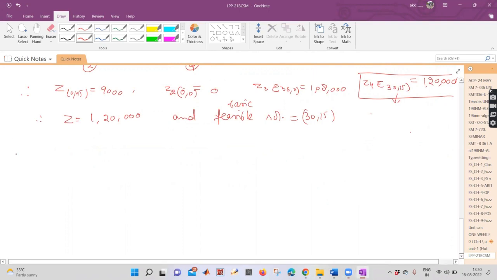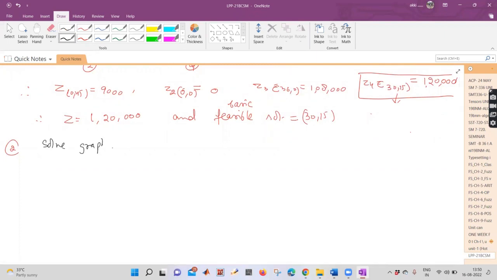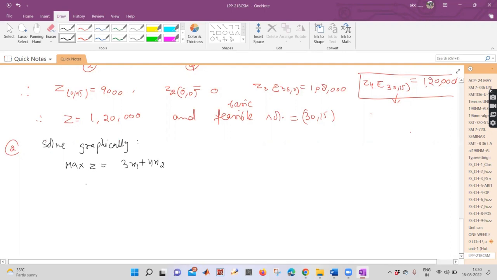Okay, so our next is asking: solve graphically. Maximize z = 3x1 + 4x2, subject to the constraints x1 + x2 ≤ 450, 2x1 + x2 ≤ 600, and x1, x2 ≥ 0.